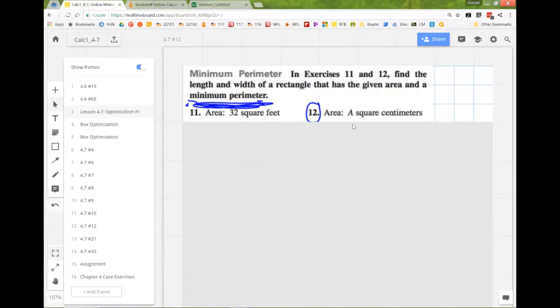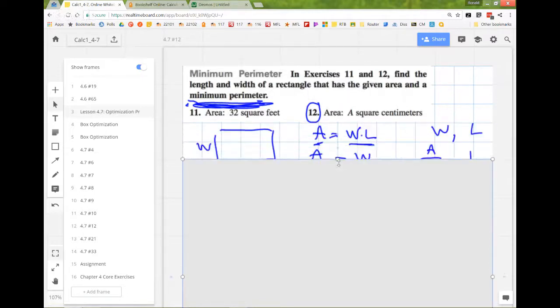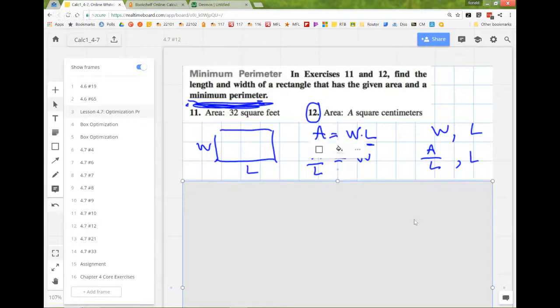So this time, and here we go with a constant again, we are given an area of A square centimeters. Width, length, and all I know this time is A is the answer to the area. So width times length equals area.